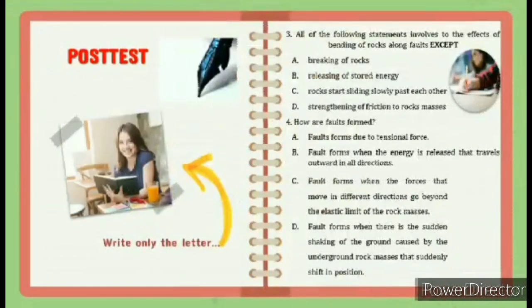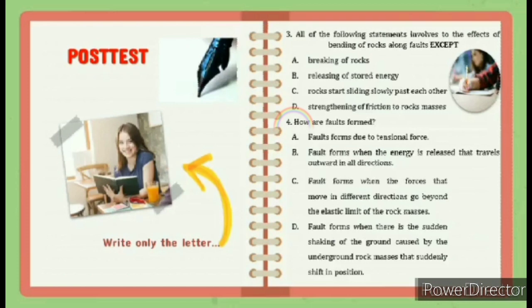Number 3 question, all of the following statements involve the effects of bending of rocks along a fault except: A. Breaking of rocks. B. Releasing of stored energy. C. Rocks start sliding slowly past each other. D. Strengthening of friction of rock masses. Number 4, how are faults formed?